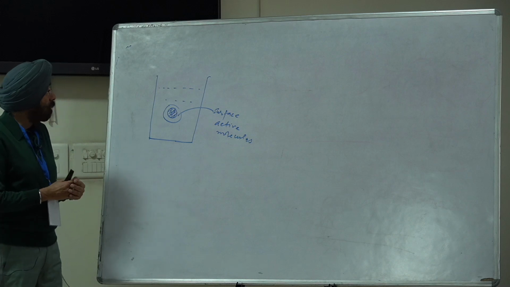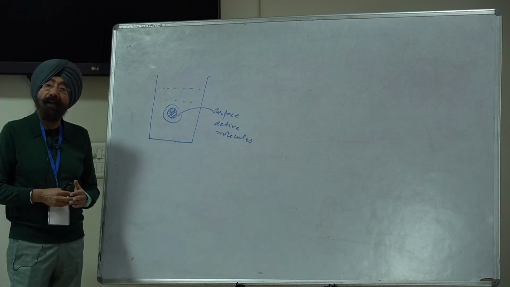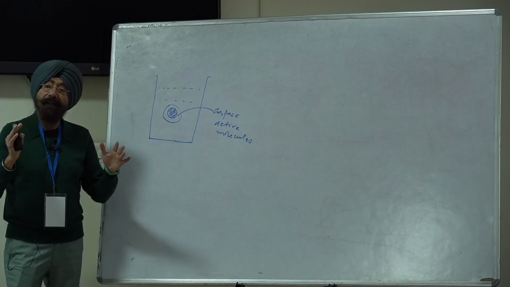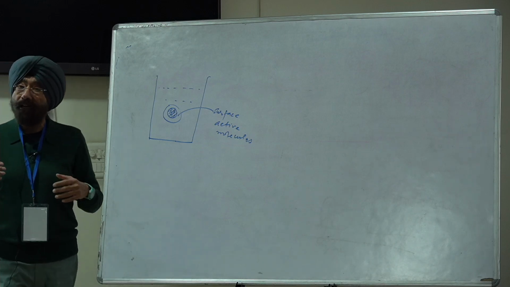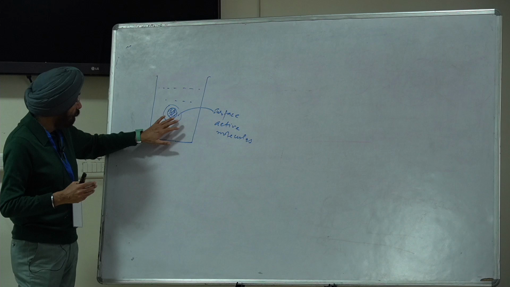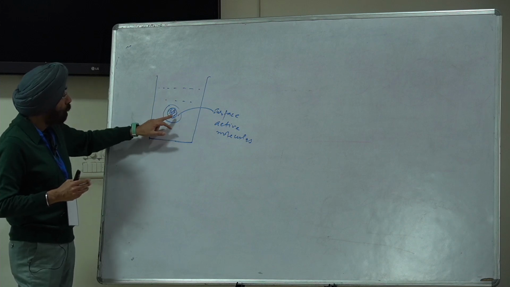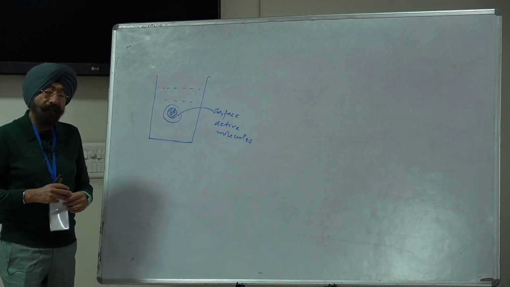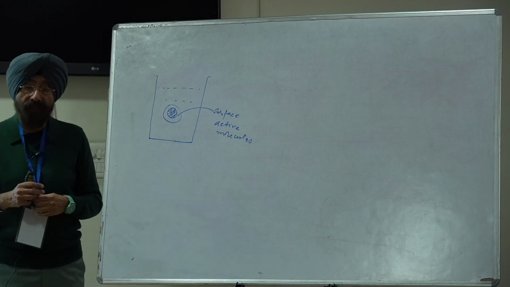But the problem is, what concentration should we take? Is there any kind of judgment or estimation of which concentration is required so that we can completely coat the particle? That is the most important aspect here.